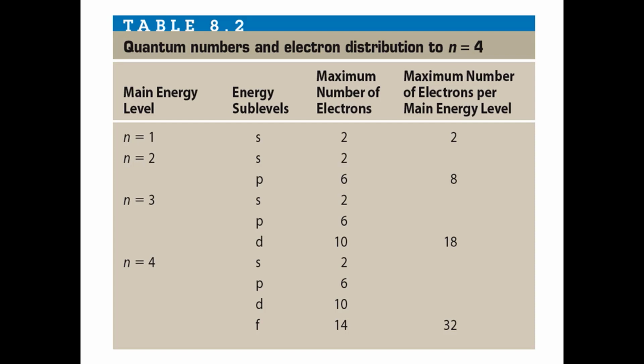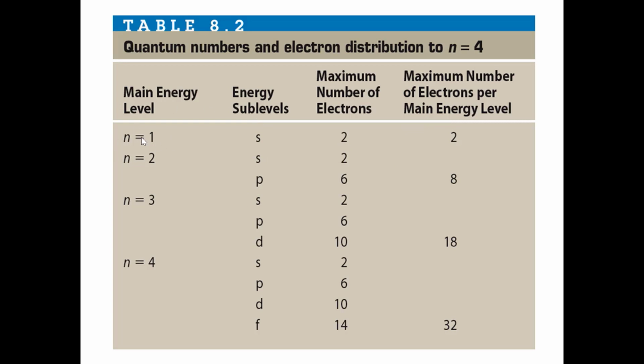In this table, we summarize the quantum numbers and electron distribution of the main energy levels from n equals 1 to n equals 4, and what are the associated subshells with each of these main energy levels. Also, what is the maximum number of electrons in each subshell, and what is the maximum number of electrons for each main energy level.